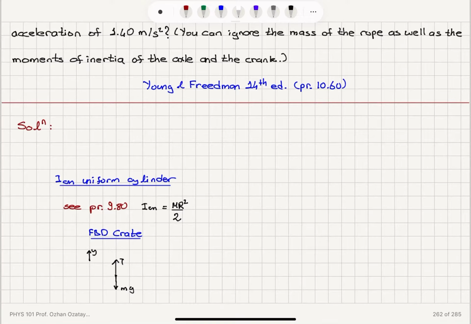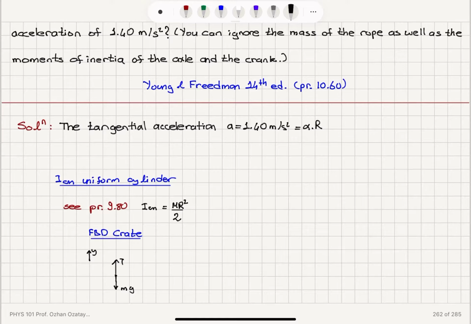Okay, so we're given the information that the tangential acceleration a is 1.40 meters per second squared, and that's equal to alpha, the angular acceleration, times r.